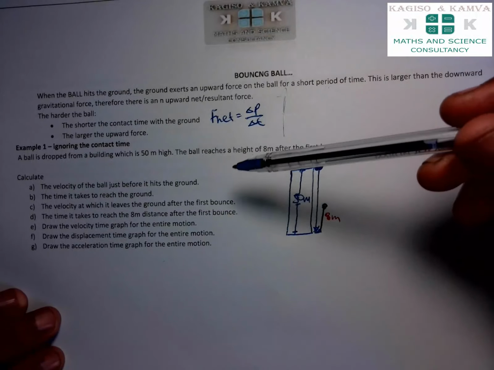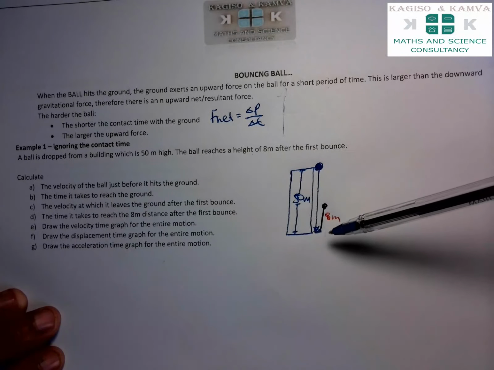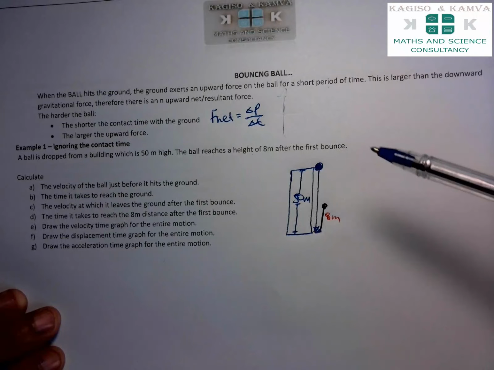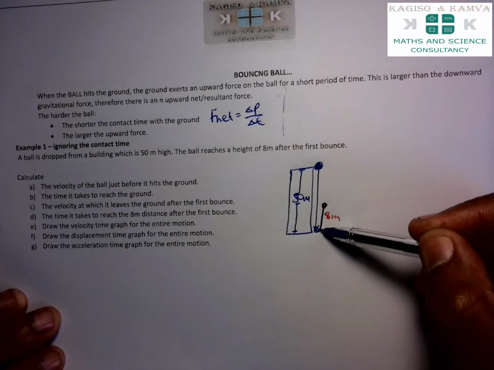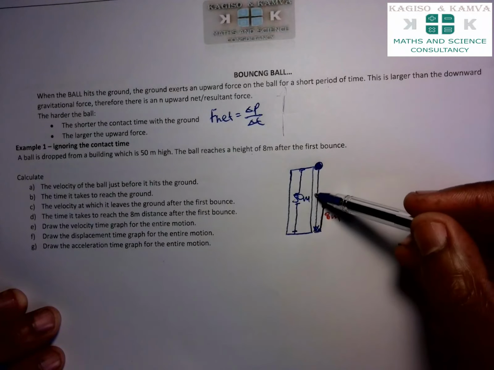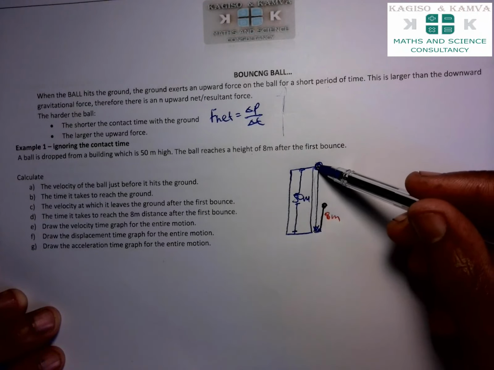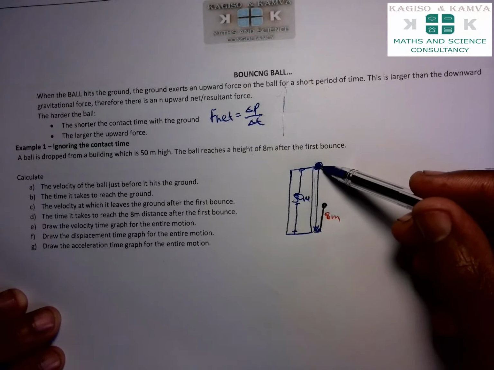Before we calculate the initial velocity, there's something that I want to explain. Why is it that the ball only reaches 8 meters above and not the 50, that height from which it was dropped?